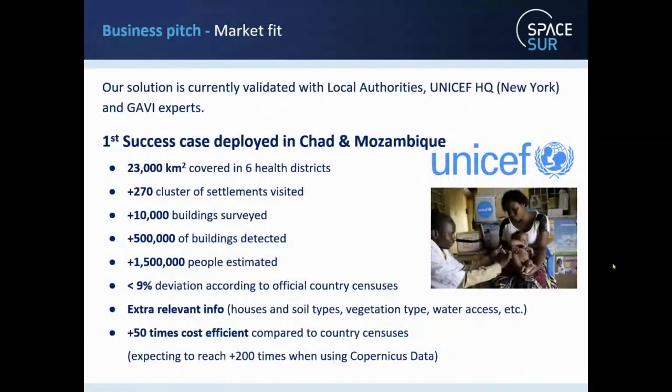But it is very important for us and for the people in particular that it fits the market. And we really certified that it fits, because the solution was validated with local authorities, people from UNICEF headquarters in New York, and Gavi experts, Gavi being one of the most important vaccine distribution organizations in the whole world.